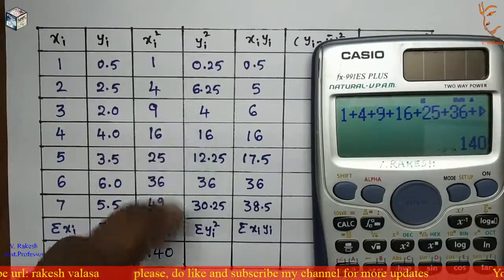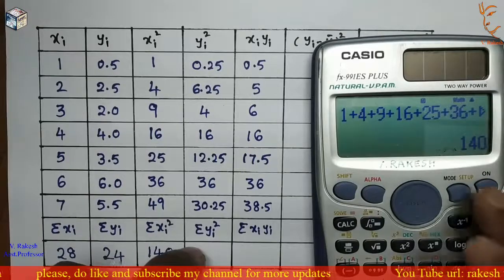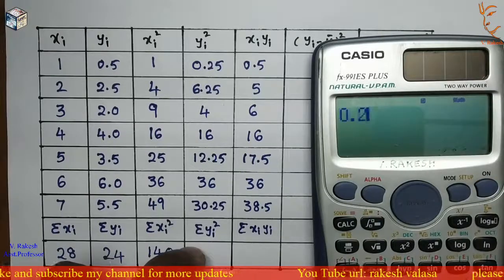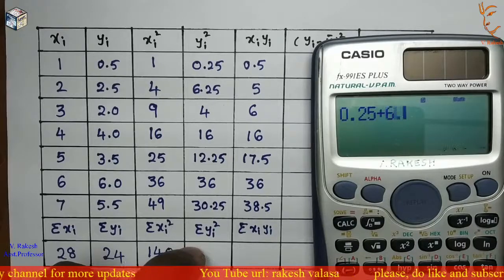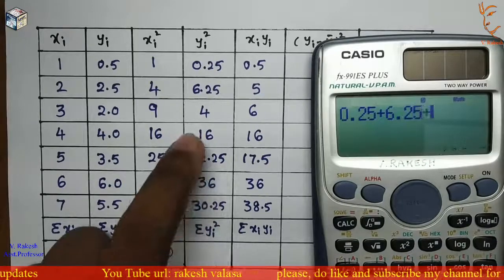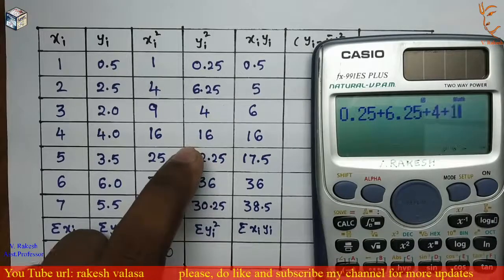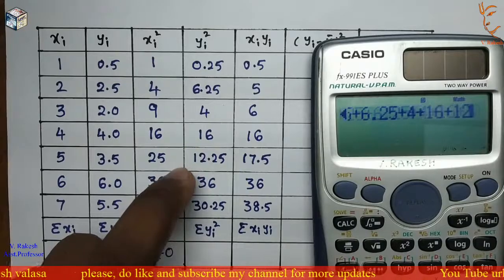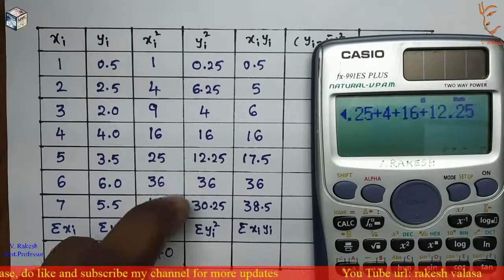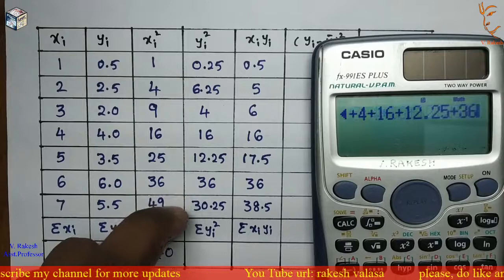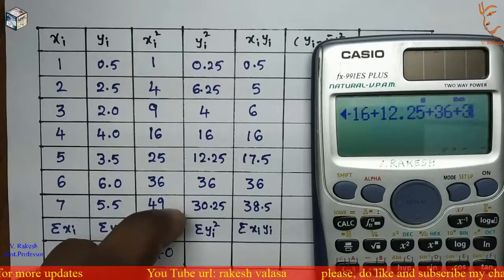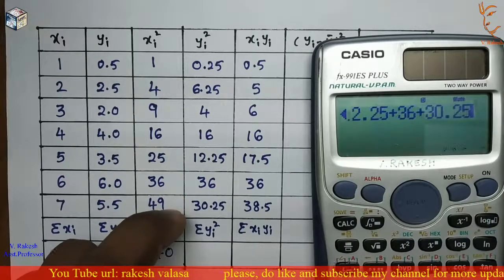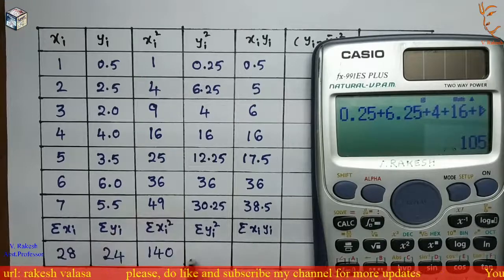Next column is summation yi square, that is 0.25 plus 6.25 plus 4 plus 16 plus 12.25 plus 36 plus 30.25. The answer is 105.